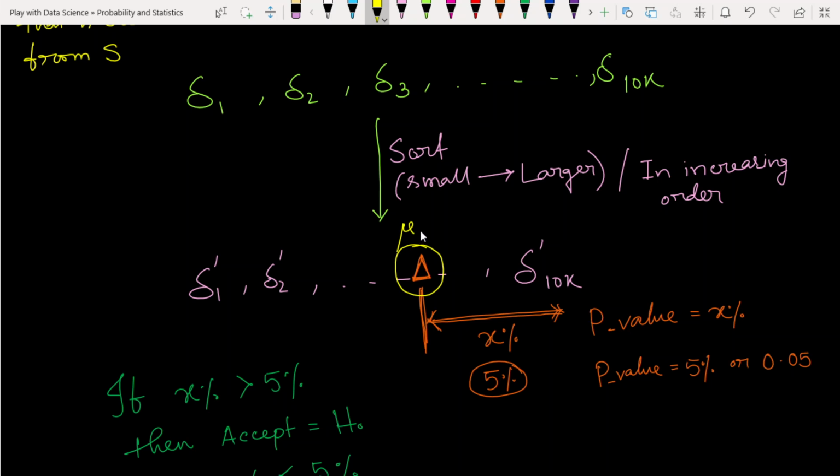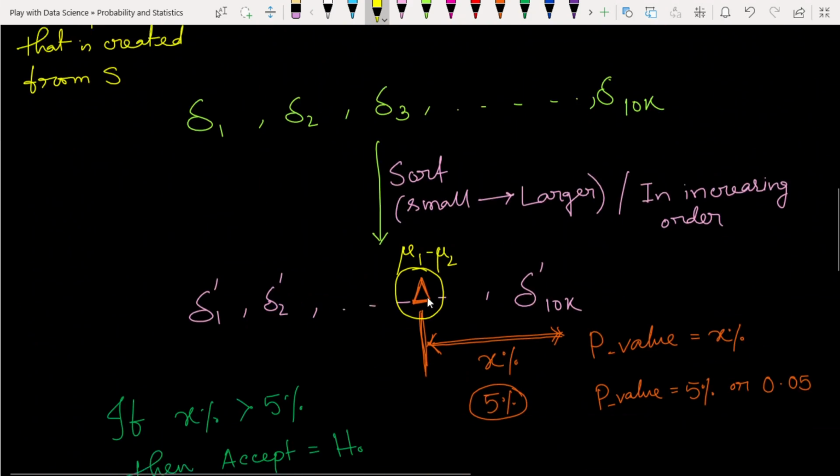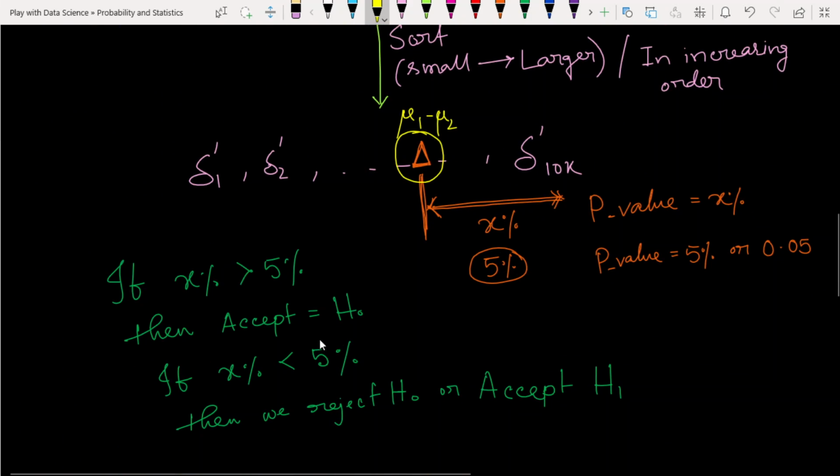This is the difference of the sample means, capital delta, and the small delta is the difference of the means from the artificial samples. We calculate how many points are greater than our main difference of means. If that fraction is greater than 5%, we accept our null hypothesis; otherwise, we reject it.